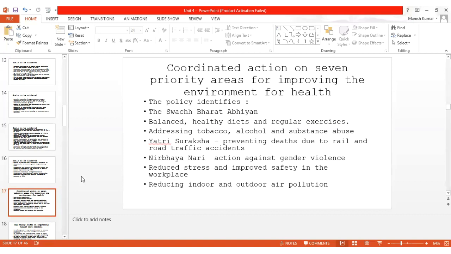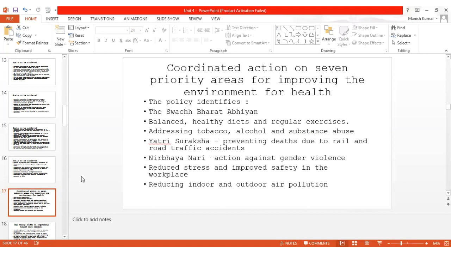The fifth one is Nirbhaya Nari. This talks about gender violence. The sixth is reducing stress and improving safety in the workplace. And the seventh is about reducing indoor and outdoor pollution.